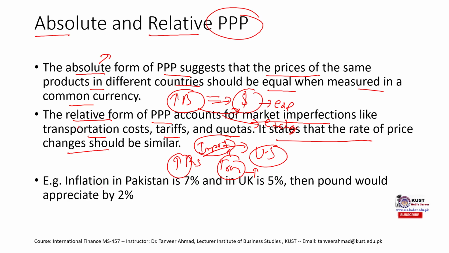So if in this example, Pakistan's inflation increases by 7% and the UK's inflation increases by 5%, then purchasing power parity suggests that the pound would appreciate by almost 2%, or the rupee would depreciate by almost 2%.